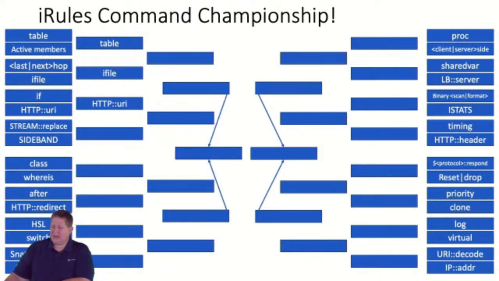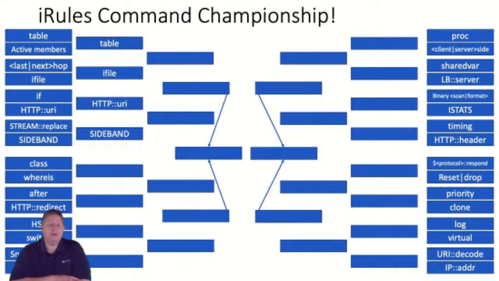And then sideband is the ability to take the data plane, and a request comes in to the BIG-IP, and then with that request, you can go off BIG-IP to query some level of information, get an answer, and then based on that answer, either replace some content or just block that content. So sideband is amazingly powerful there. So that one's going to move on.